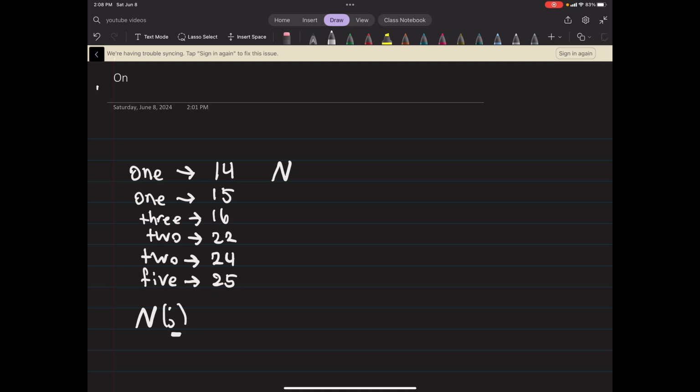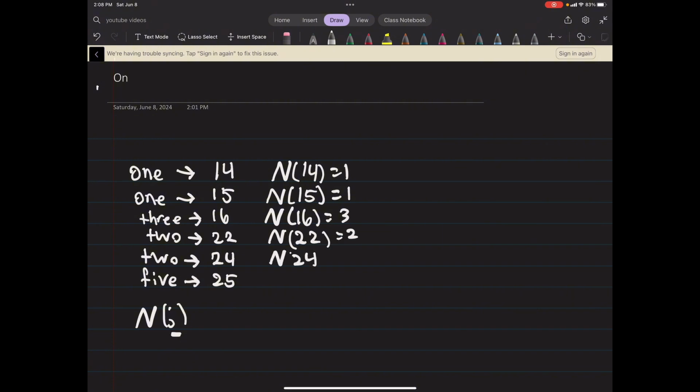So for example, n sub 14 is 1, n sub 15 is 1. n 16 is 3, n 22 is 2, n 24 is also 2, and n 25 is 5. So this tells you for whatever age how many people there are. Okay?